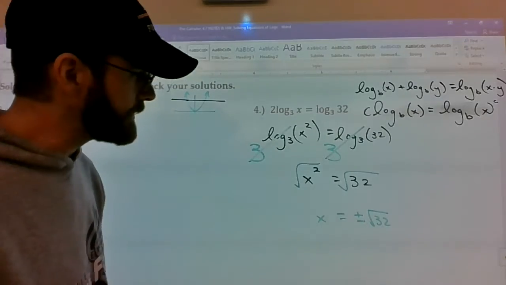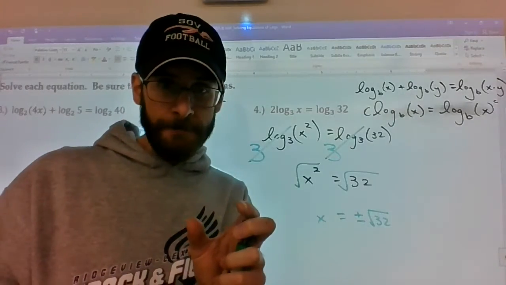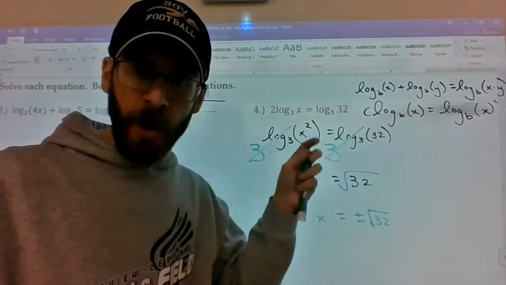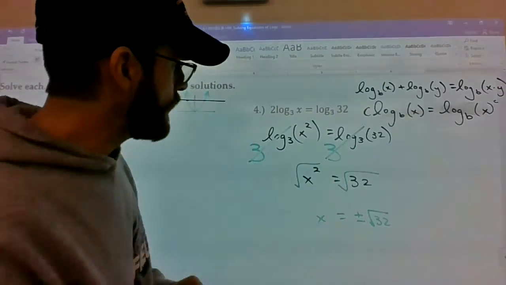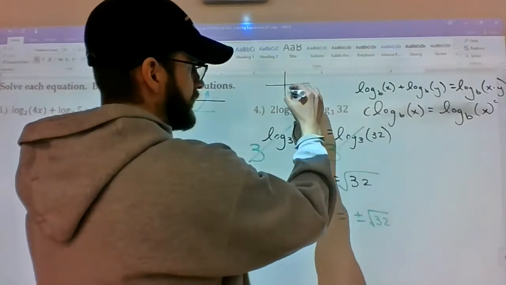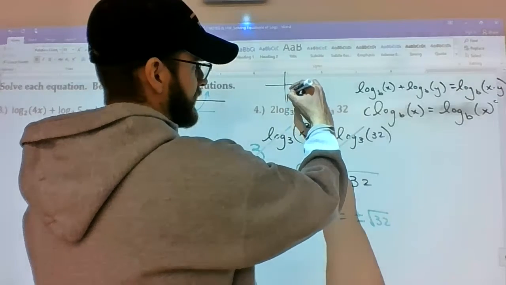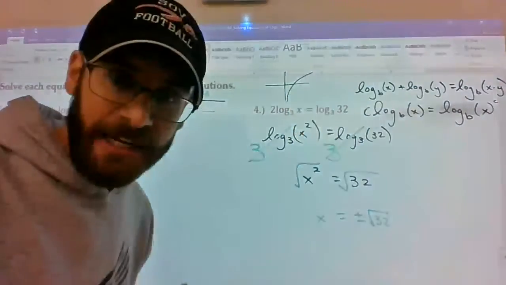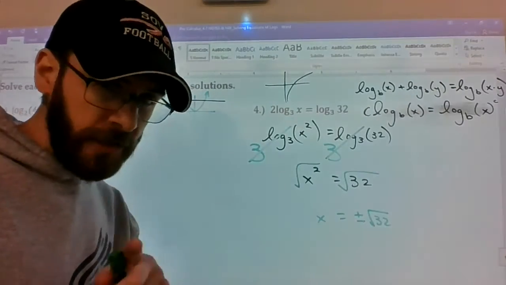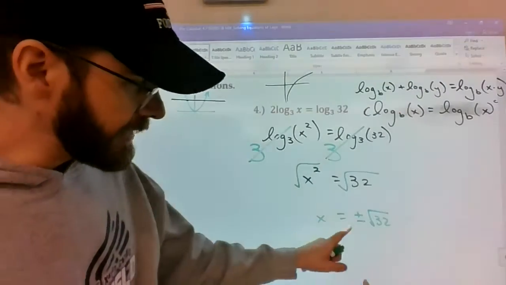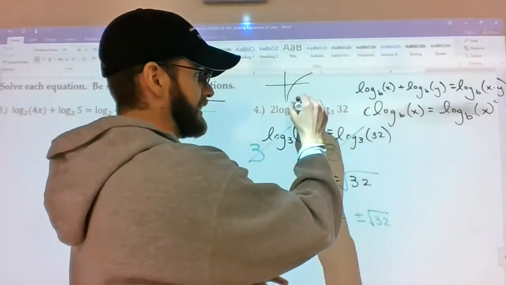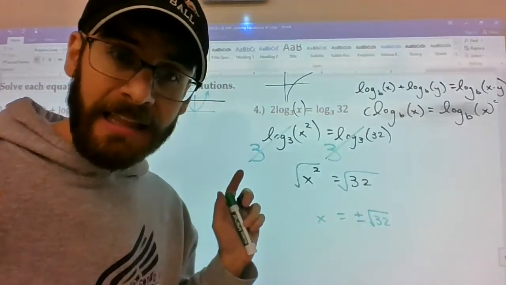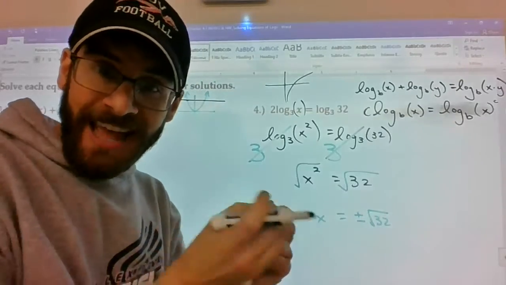Well, here's the thing. Logarithms, when you use one of these properties, you fundamentally change what the log is. Remember, logs look like this graphically. They don't have any negative solutions. So normally you'd have a plus or minus solution here, but now I've got to take the log base 3 of an x value.